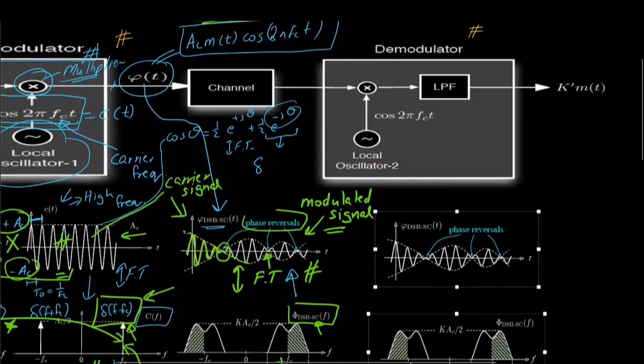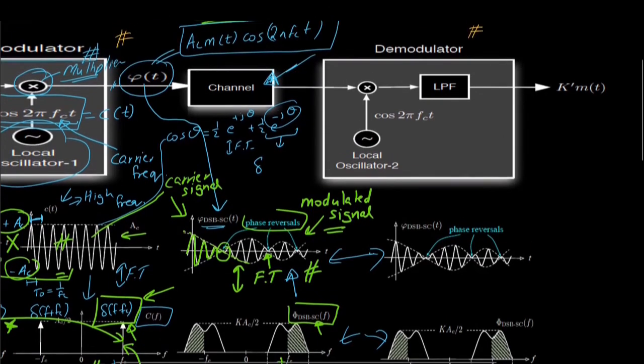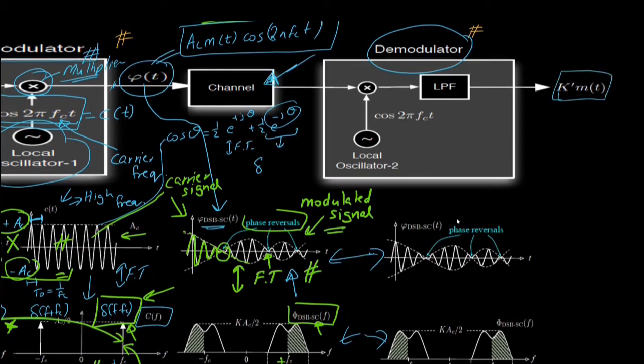Assuming that the channel does not affect the transmitted signal, next in the demodulator we want to recover the original message signal, that is a low frequency signal. So what we do is take this DSBSC signal and multiply it again with the local oscillator, which has exactly the same frequency as the one used on the transmitter side.